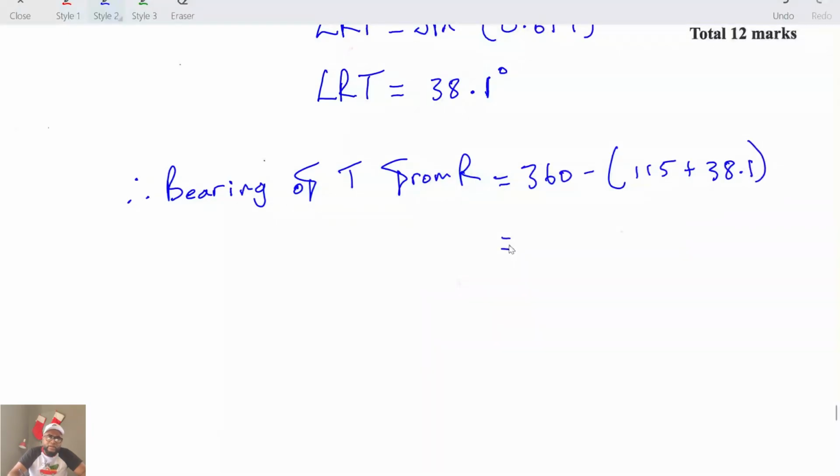What are you getting? 206.9 degrees. Something's wrong there. I got 206.9. Yeah, that's incorrect. This ought to be in brackets. I see it was wrong on the calculator. Sorry about that. All right, and this is in degrees. So this here would be my bearing of T from R.